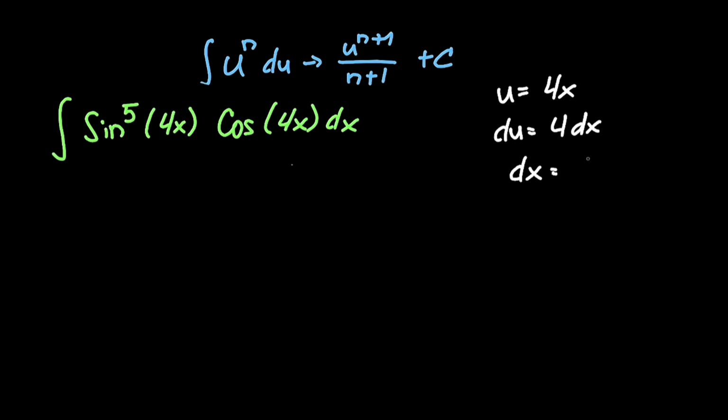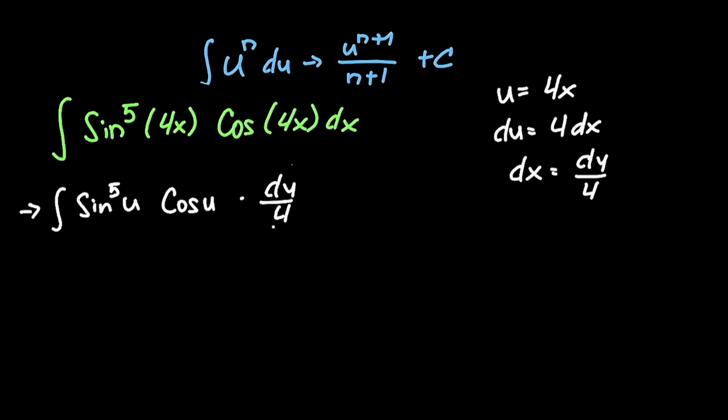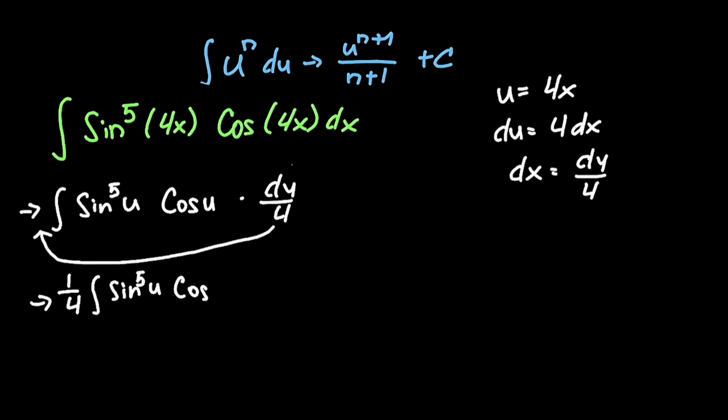So the value would be the integral of sine raised to the power 5 of u multiplied by cosine of u, and dx would be du over 4. You can put the 4 right outside, so the function would look like 1 over 4, the integral of sine raised to the power 5 of u cosine of u multiplied by du.